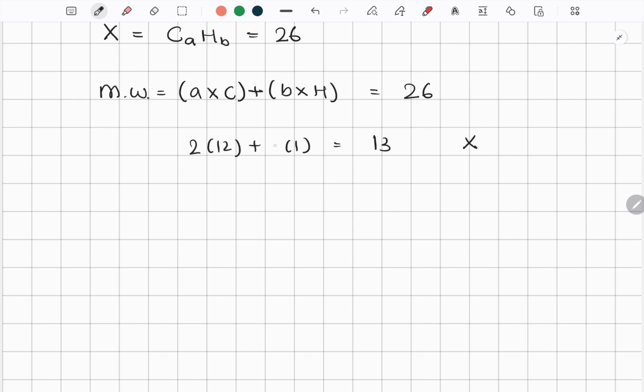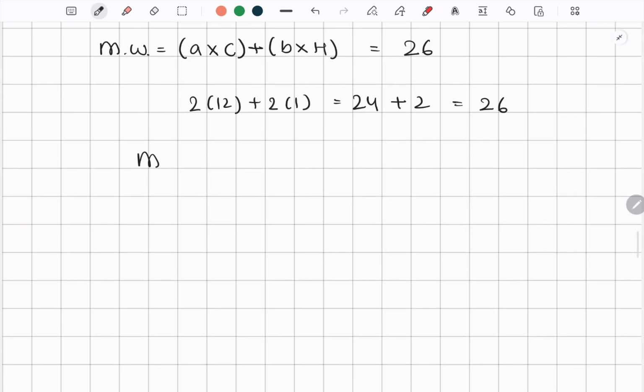Second, if I put 2 and 2, 12 times 2 would be 24 plus 2, which is nothing but 26. So yes, the value of a and b is 2. That's the only time we get the value as 26. So the molecular formula would be C2H2.